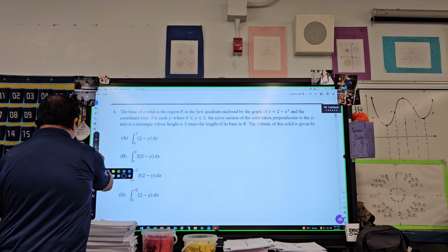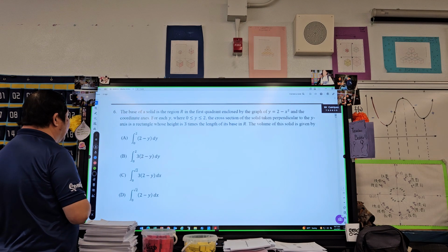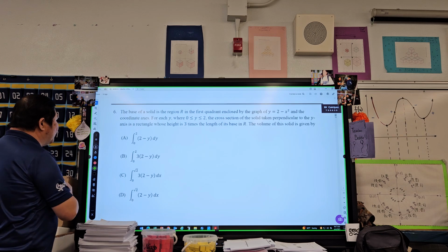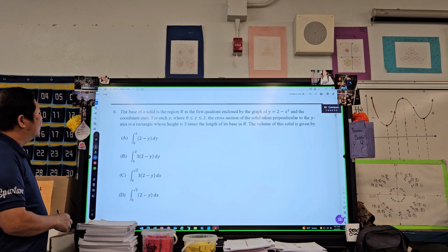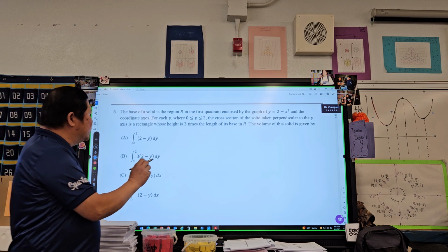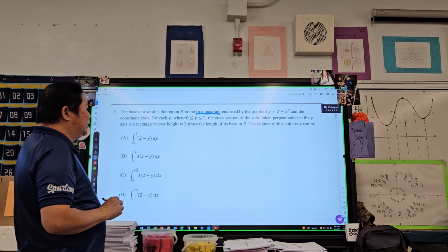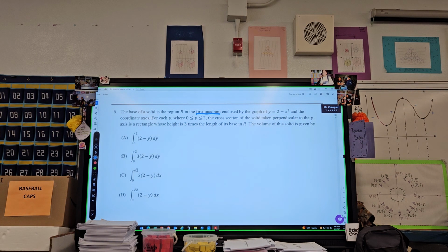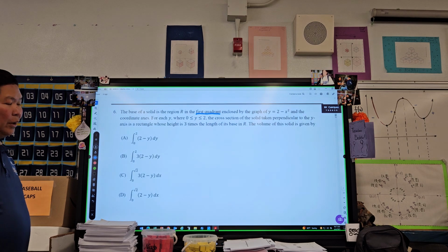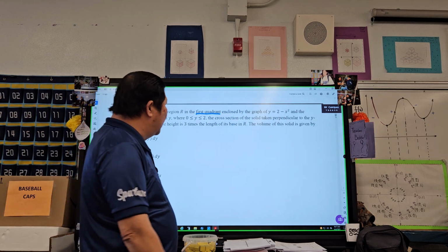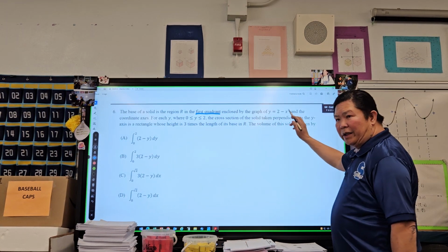Let's highlight first the important words right here. What do you think is the first one to highlight? First quadrant. Very good. So we're going to highlight the first quadrant. And then what's next to highlight? The graph of y equals 2 minus x squared, the parabola.